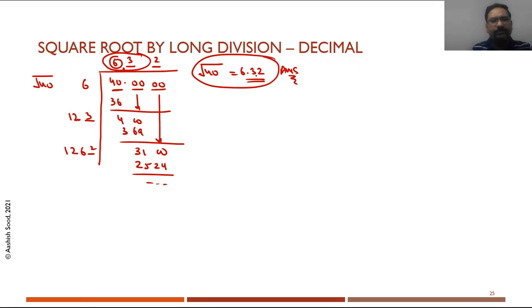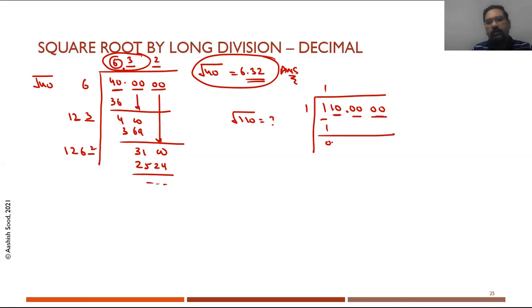Let's take another example. Let us say I want to find the square root of 110. So the same process, 1 1 0, 00 00, pairs of 2 starting from the decimal. 1 1 1, double of the number and dash, and the same number here.